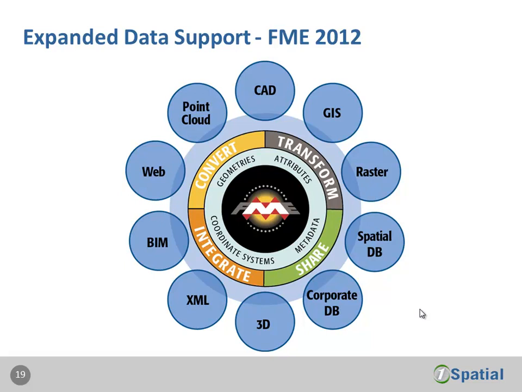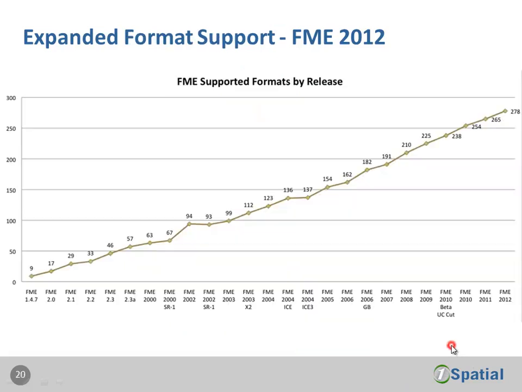3D data was introduced a couple of versions ago. Support for raster data really came to the fore in FME 2007. We can now support building information models. You've seen access to web resources a few moments ago with reading XML directly off the web, but we can work with web feature services or web map services. And certainly the last couple of versions have been very important for dealing with point cloud data.